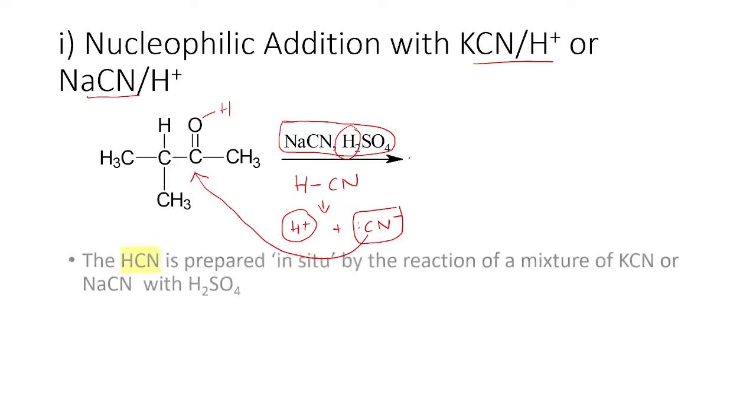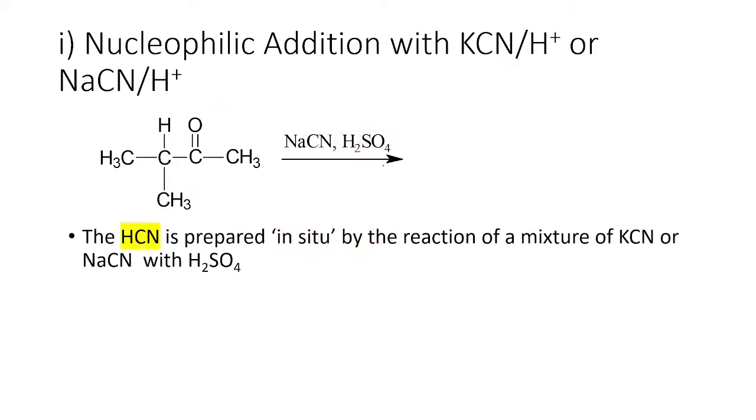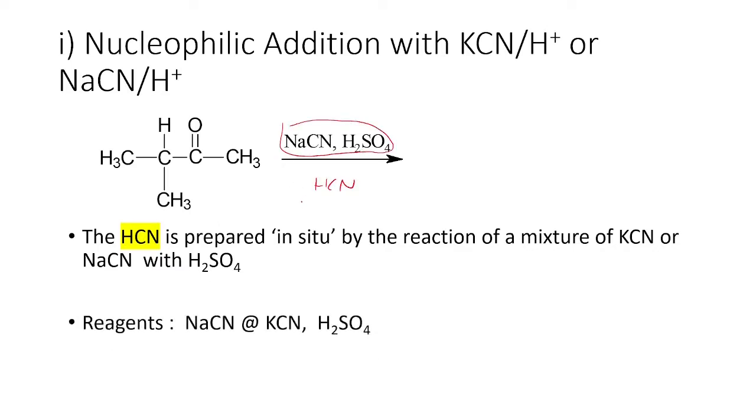Let's see the answer. Before that, HCN is prepared in situ. We are going to prepare HCN from this, and the reagent you can use is NaCN or KCN with H2SO4. But actually what you want to produce is HCN.